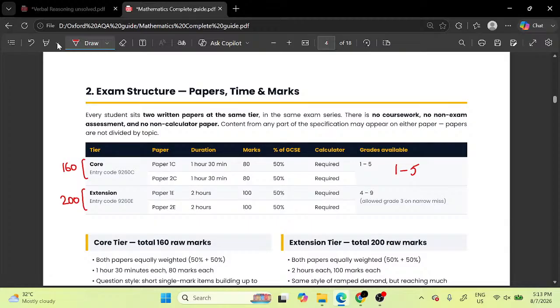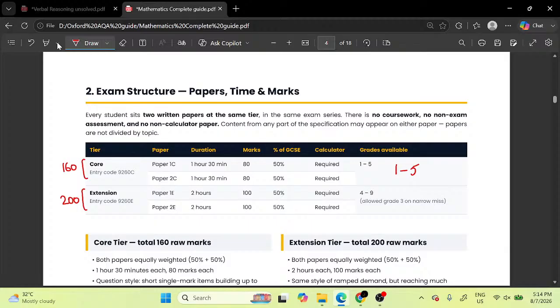Sometimes students get confused about which topics will appear in paper 1E and which in paper 2E. So always remember, you have to prepare all of the topics for both of the papers. We cannot say which topic belongs to which paper.